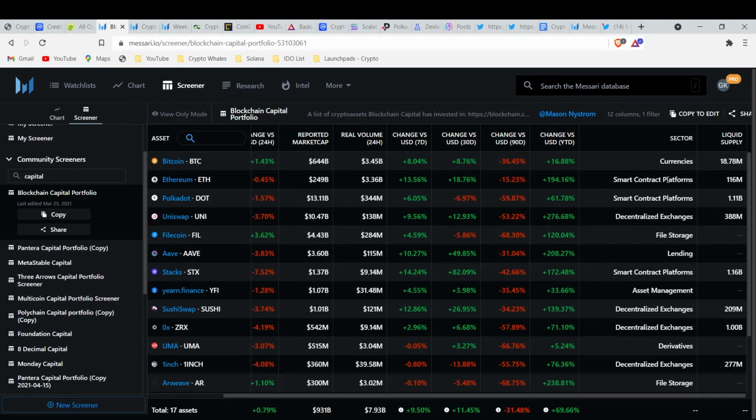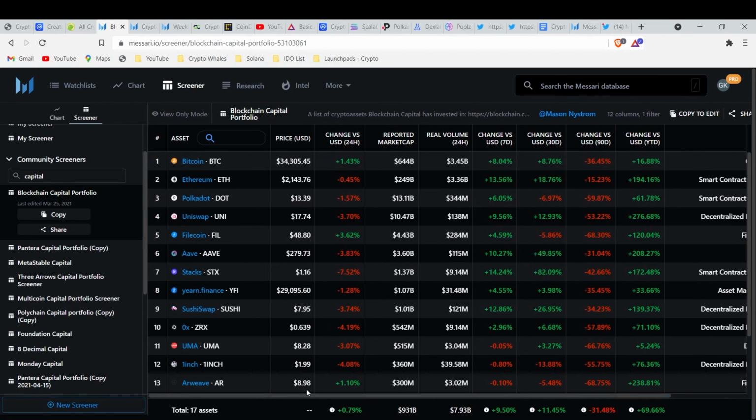And then we look at things like smart contract platforms like Ethereum and Polkadot, decentralized exchanges like Uni, file storage, and so on and so forth. It gives you a very good perspective if you want to look at who the competitors of each one of them are. So for smart contract platforms, you can see Ethereum, DOT, and Stacks. All these give you a perspective of what's happening within the crypto market as well.